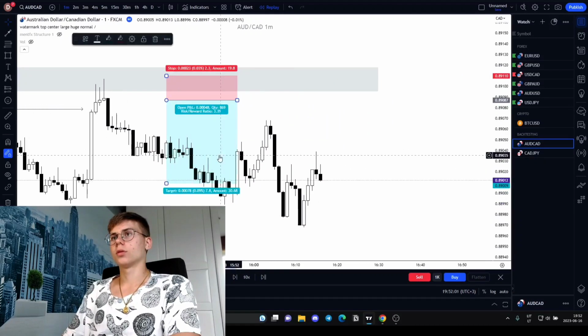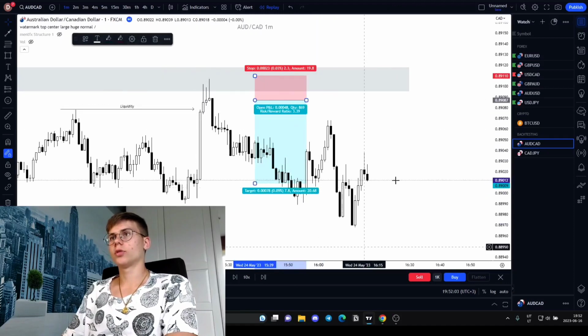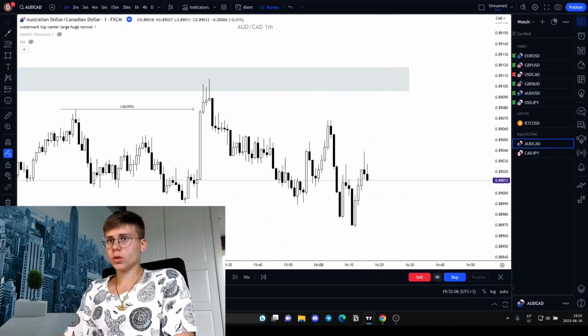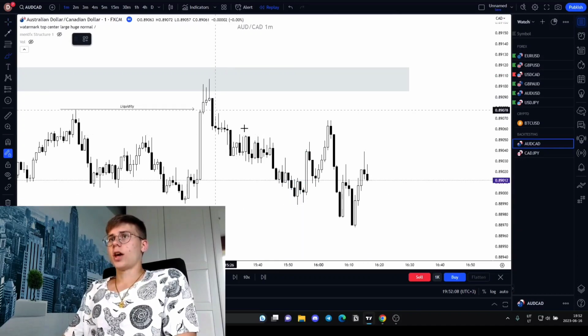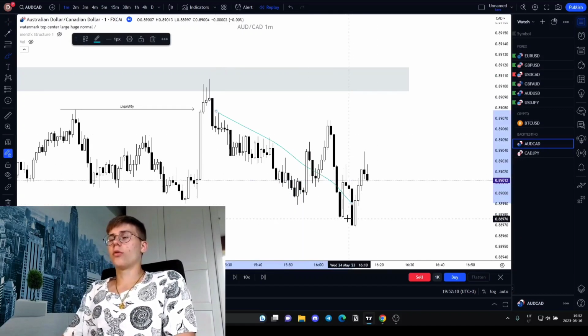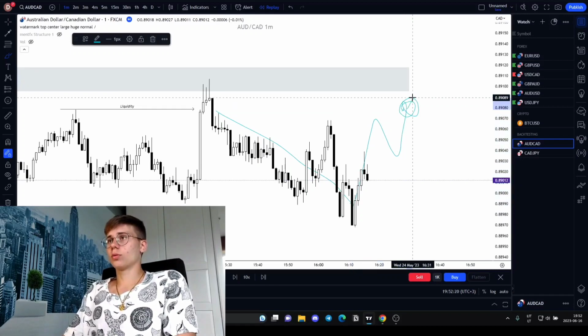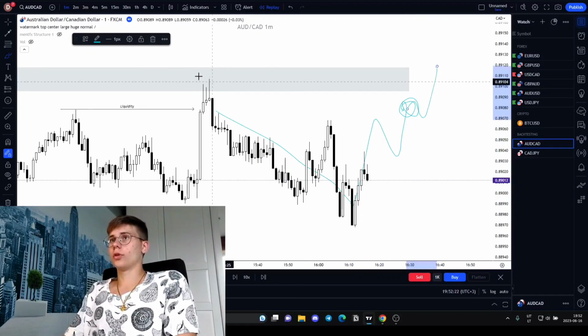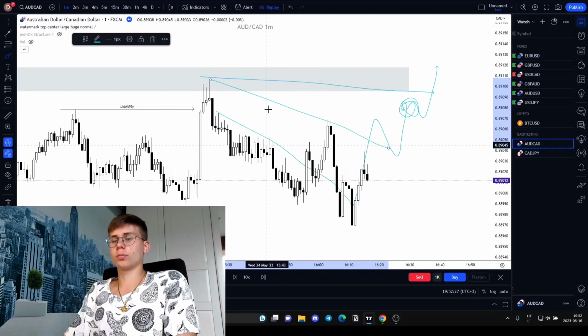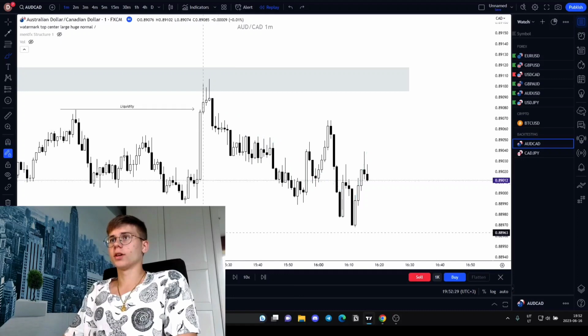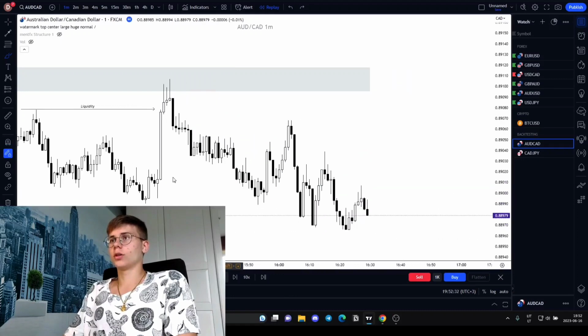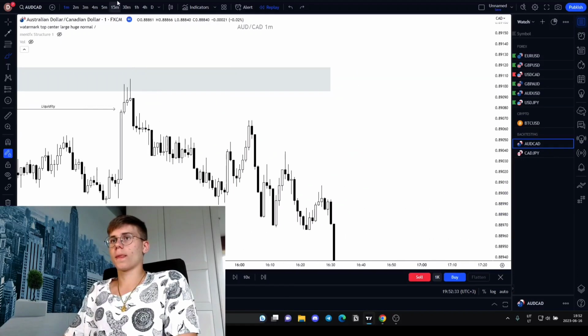So probably after this down move I won't be looking for an entry, because after this big strong volume down, if price comes back in this scenario, most probably the price will want to go further and liquidate this all retail stuff. So I won't be entering. So yeah, no trade.